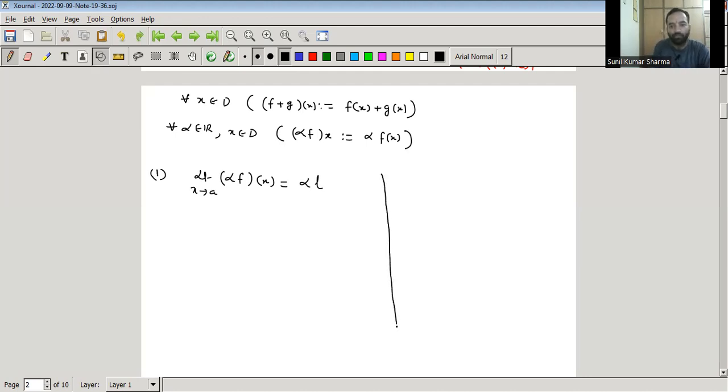This is some concept which we follow. What we have to do is estimate first.